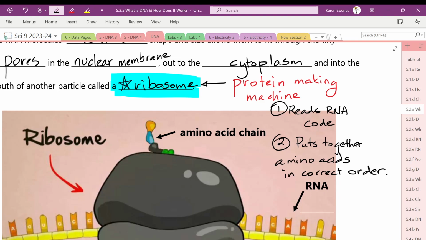So if we're using that analogy where I've got my instructions now out of the house and I'm in my driveway, I would be the ribosome, assembling all the pieces of my IKEA furniture into a proper piece of furniture. And all the pieces of the furniture, those would be amino acids.